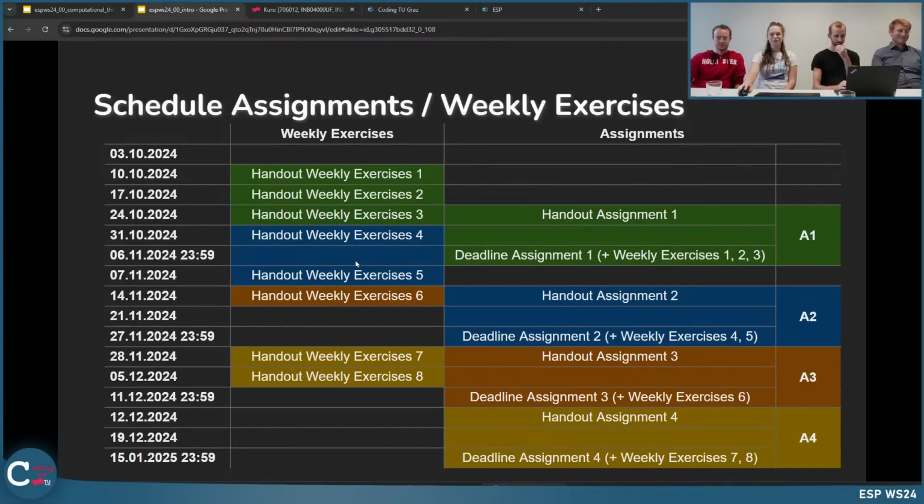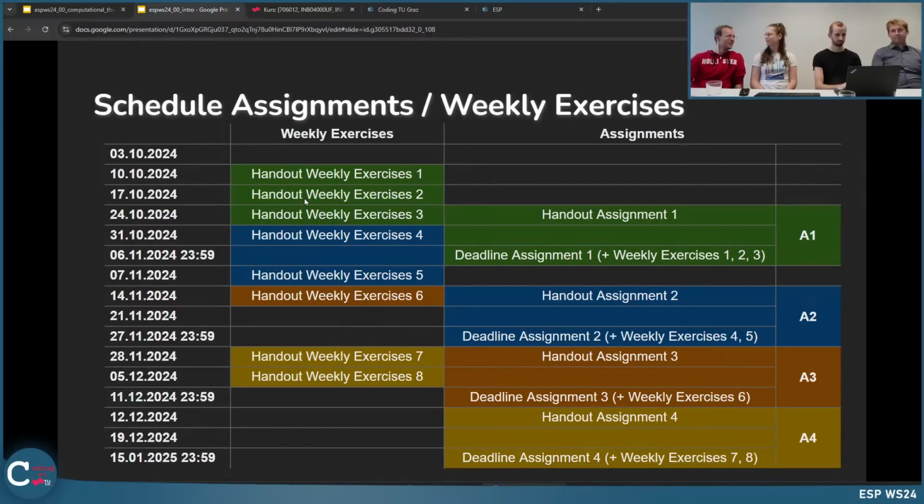Then we have 2 more weeks of weekly exercises for assignment 2, 1 week for assignment 3, and 2 weeks again for assignment 4. As with assignment 1, you will always need to complete at least 50% of those weekly exercises, ideally before starting with the assignment, but the deadline is the same as the assignment.